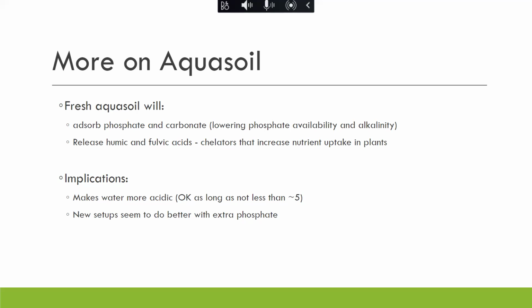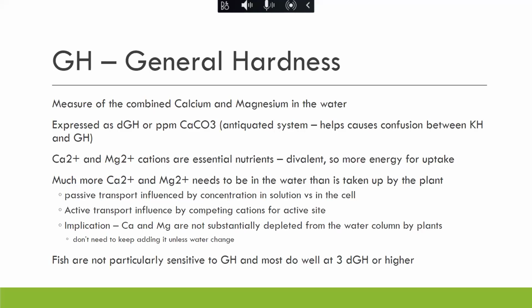I add humic and fulvic acids as a pH adjuster to my nutrient solution because they're chelators, that increase nutrient uptake in plants, and they serve a double purpose of making your water slightly acidic into a range that plants really like. So implications: it makes water more acidic, and new setups seem to do better with extra phosphate.